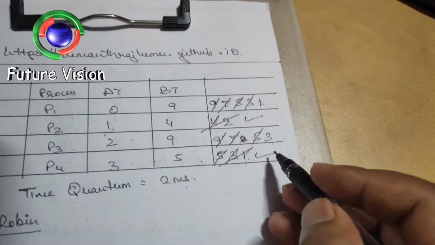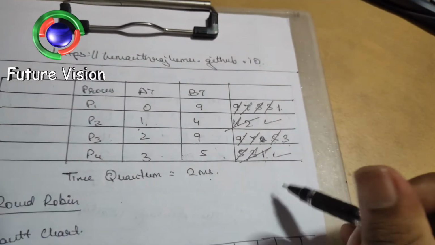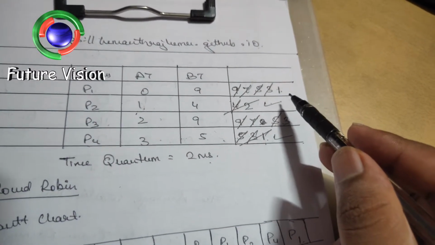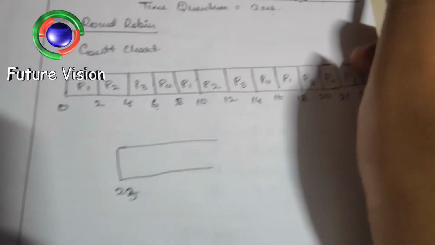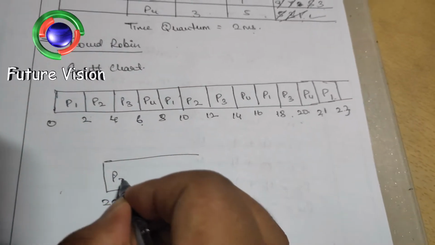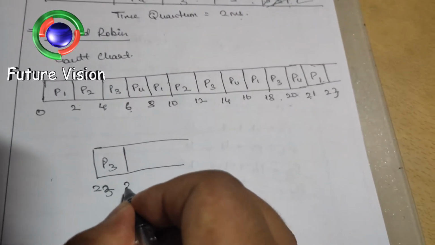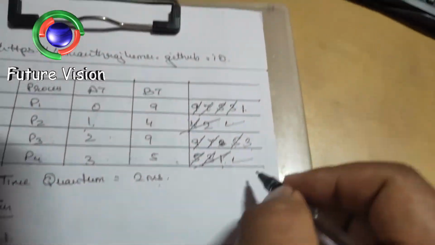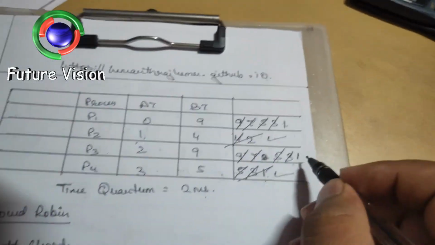Now the last execution was P1, and we have reduced it. Next is P3. P3 takes up to 25. P3 will now be 1.